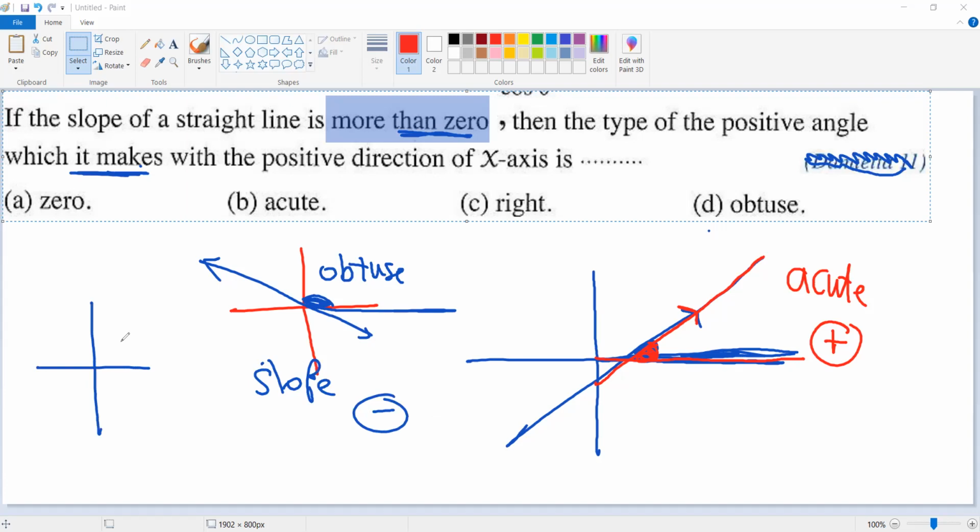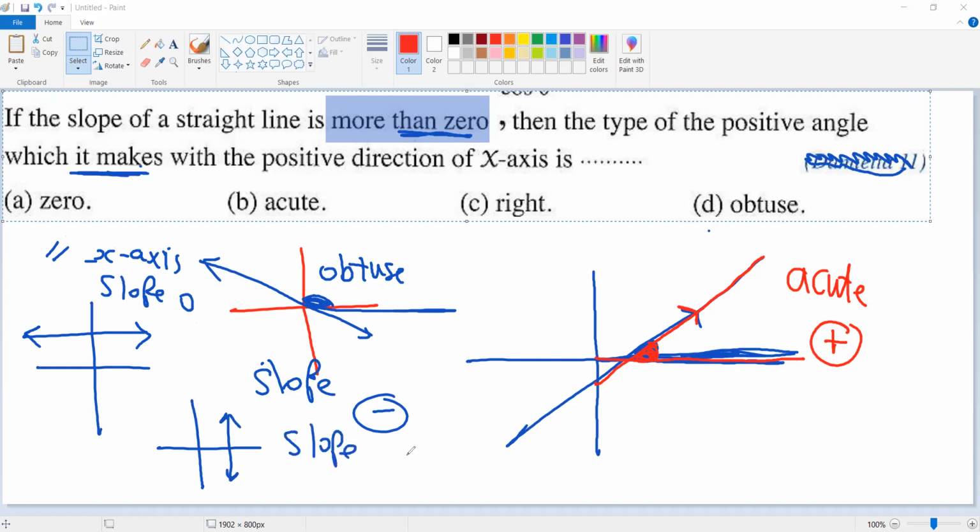And if the line is parallel to the x-axis, the slope equals 0. And if the line is parallel to the y-axis, what is the slope? The slope is undefined. Did you get it? Yeah.